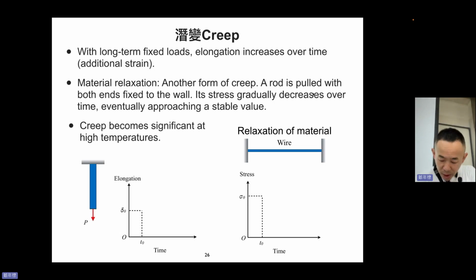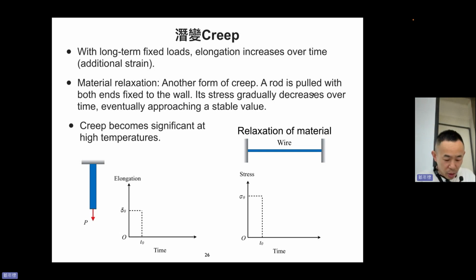For example, if you hang a bar on the ceiling, like that one, I believe that bar is longer than when I first came into this classroom, because 10 years have passed, so the bar will be longer.